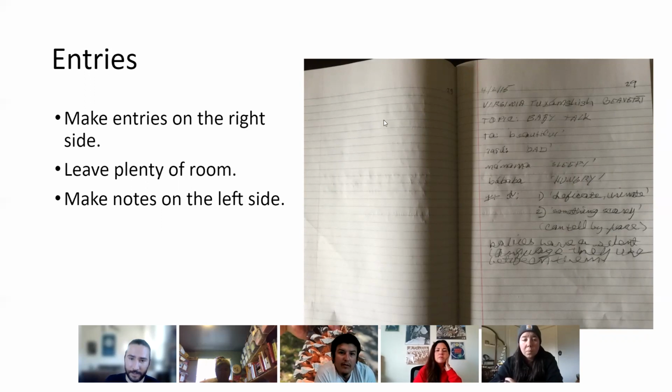Then you leave space on the left side for extra notes. If you're talking to a speaker, and we do still have people who know words and phrases, if you have someone in your family who knows some things from when they were young, a lot of elders, you can ask them for phrases.